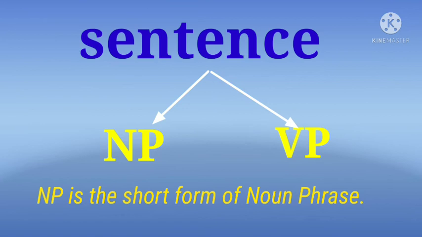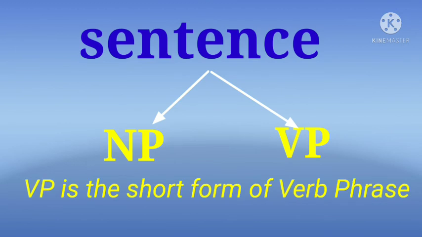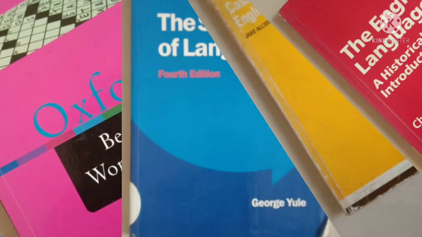You have to write capital N, capital P. NP is the short form of noun phrase. VP is the short form of verb phrase. These are the two parts of a sentence according to modern grammarians. That is what the children in England or America study. And now we also started studying it like that.